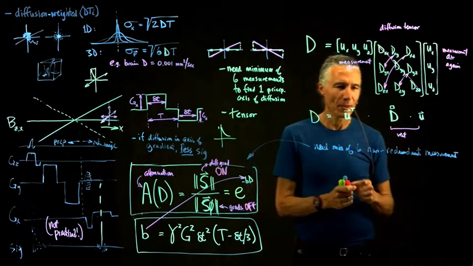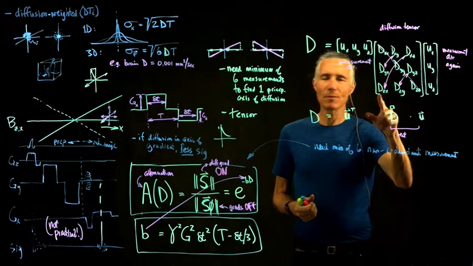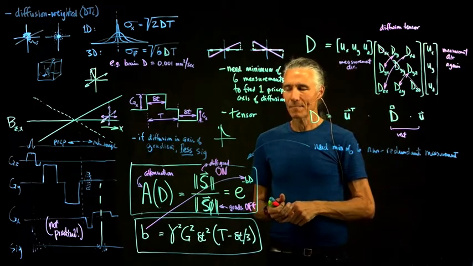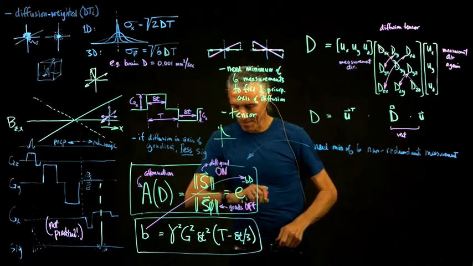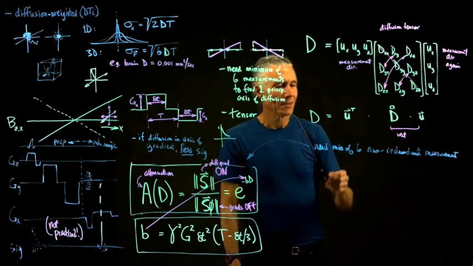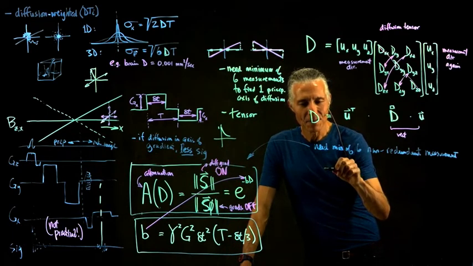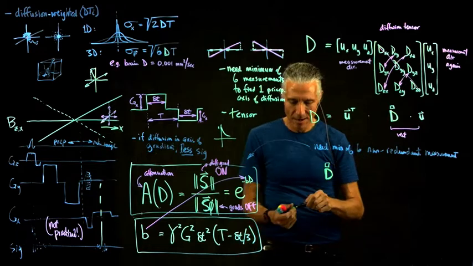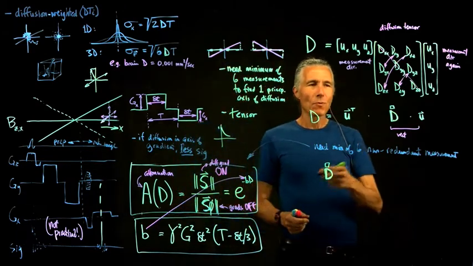But you might notice there's a problem. It's all in terms of X, Y, and Z. What if the diffusion is in some other axis? That requires that we solve the eigenvalue problem. So what is that? We take that matrix, and we need to get the principal components of that matrix to figure out the direction.